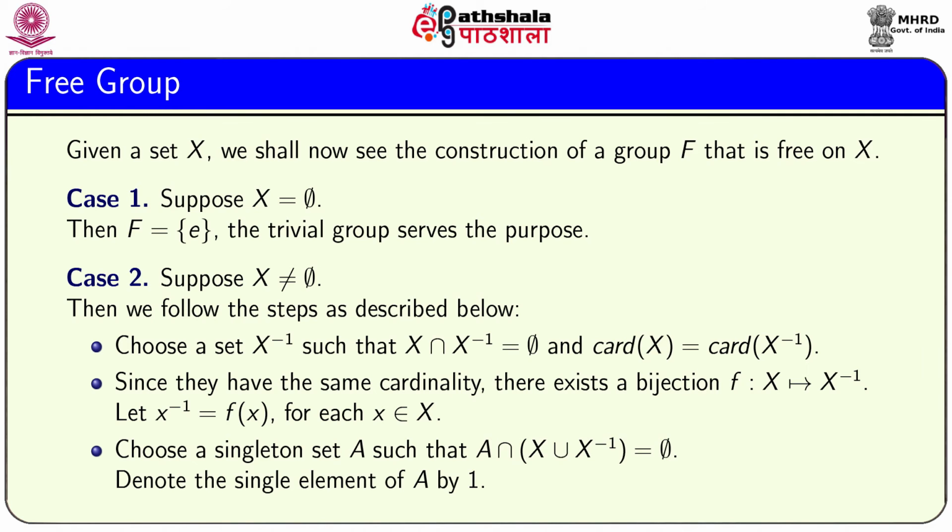Choose another set A, which is just a singleton, such that A intersection (X union X inverse) is empty. Denote the singleton set A by {1}, that means the single element of A by the notation 1.